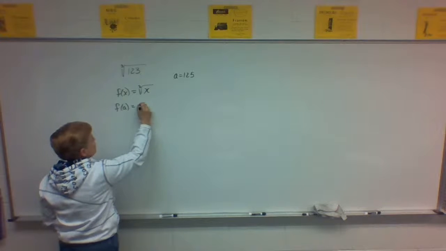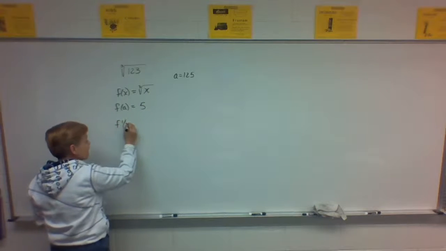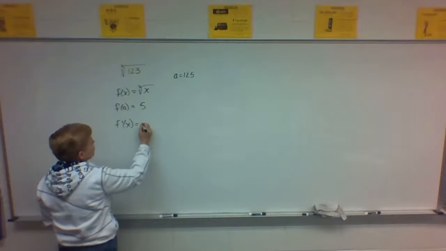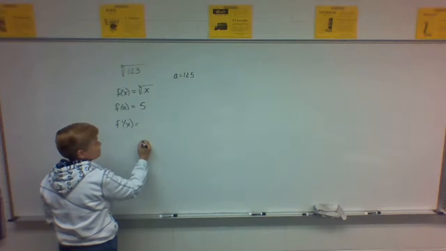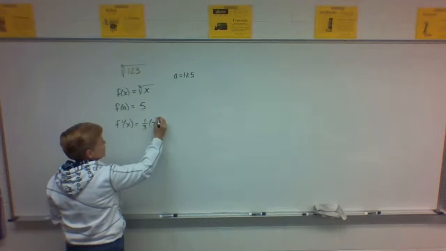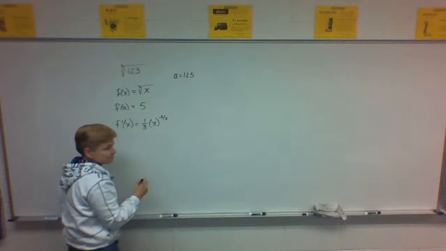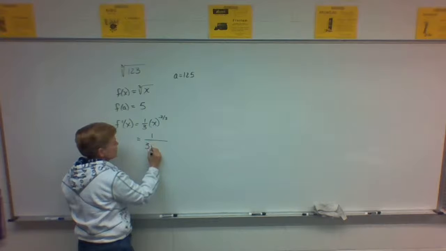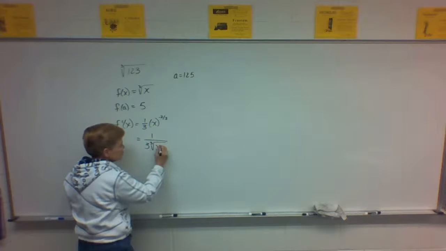5. What is f prime of x so that I can plug something in? It's 1/3 times x to the negative 2/3, right? Which is 1/3 cube root of x squared.